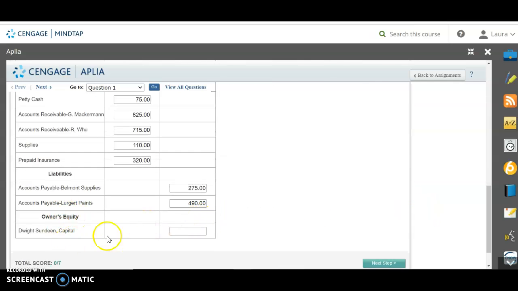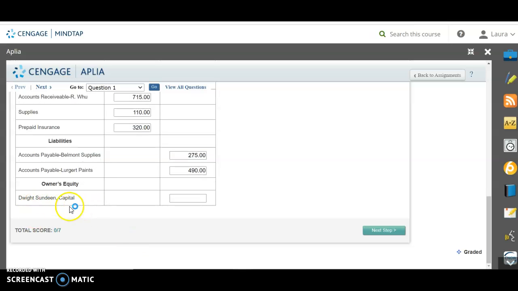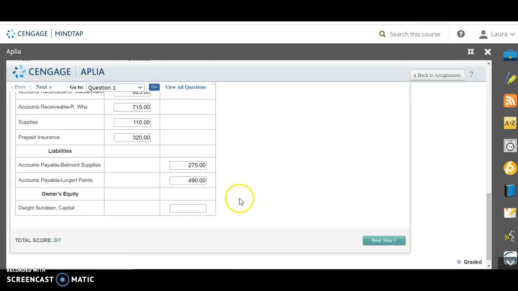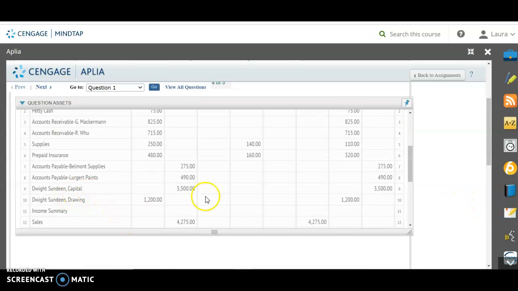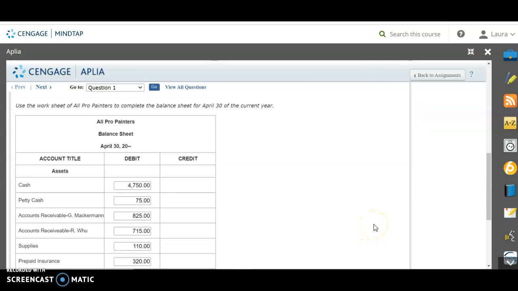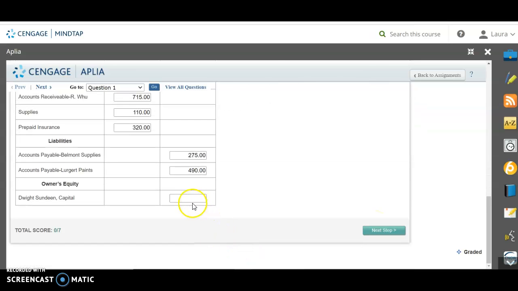And the last thing that I probably should have mentioned on the previous step is the Dwight Sundin capital. So we're not taking the capital from the balance sheet here. So we're not taking this 3,500. We're taking what we just calculated in the previous step when we did the statement of owner's equity, or the ending balance of the capital that we just figured out in the last step.